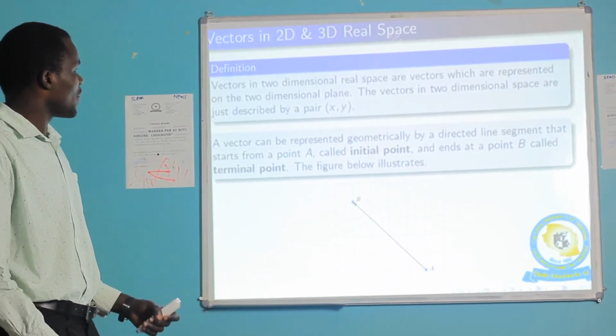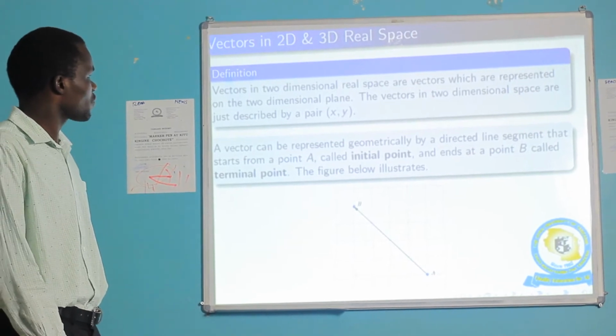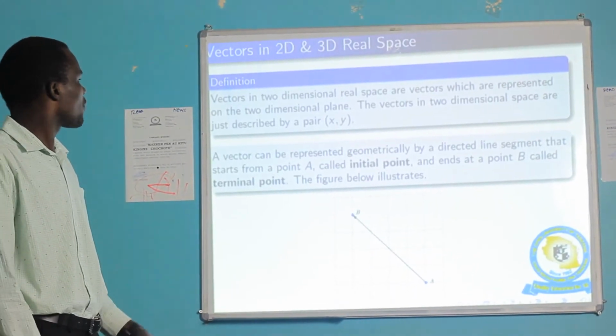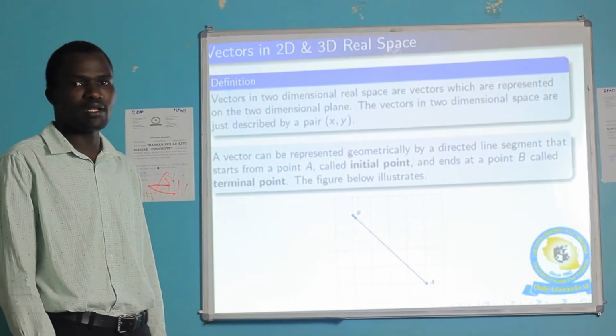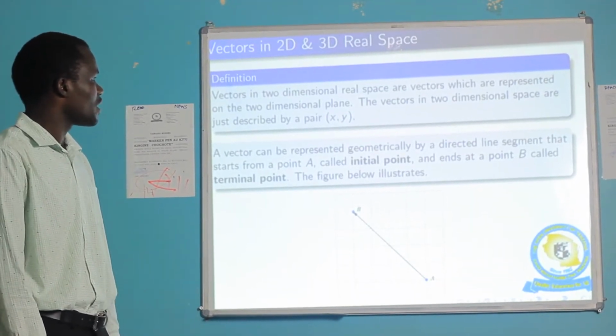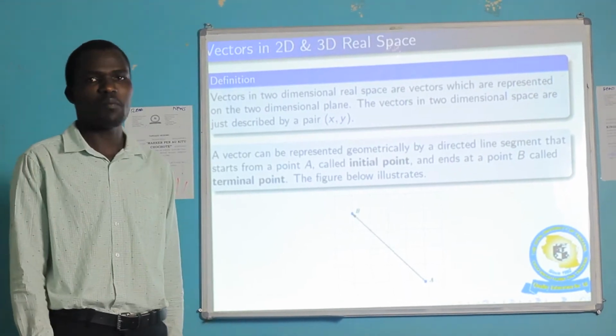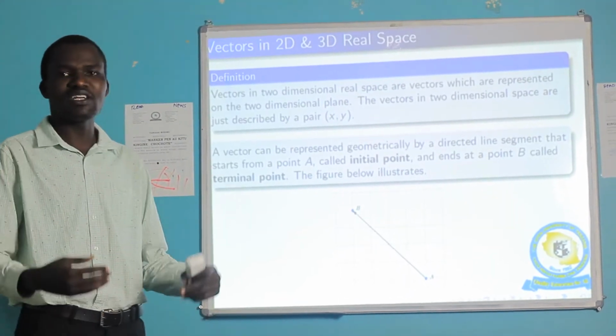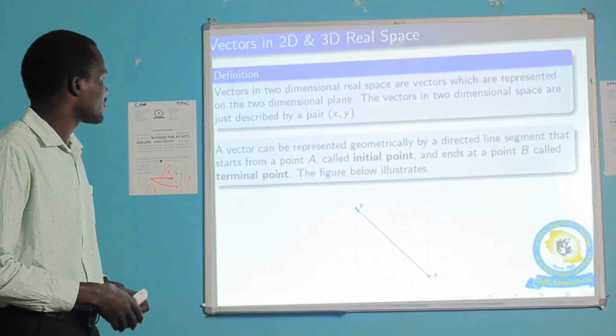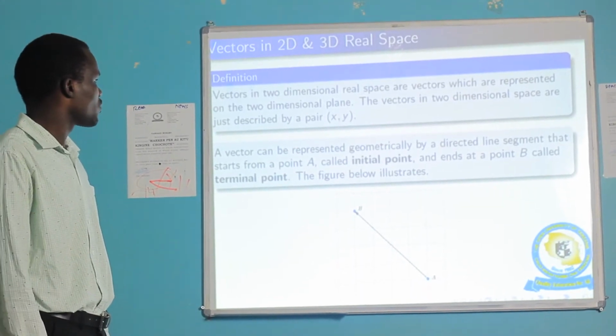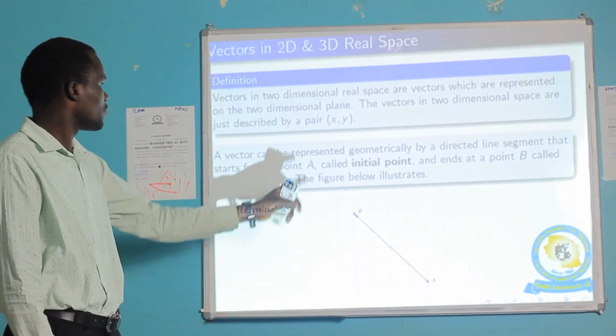Vectors in 2 dimensions of real space are vectors which are presented in a 2-dimensional plane. For example, a vector in 2-dimensional space is described by a pair of only 2 entries, let's say x and y, as has been shown here.